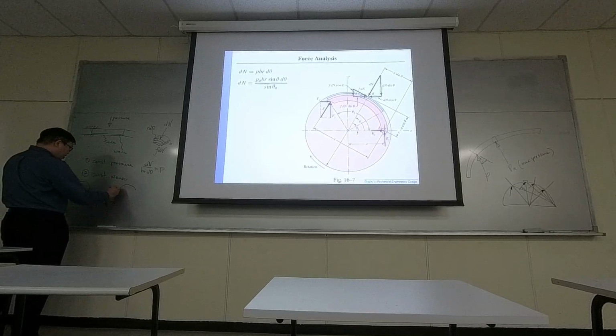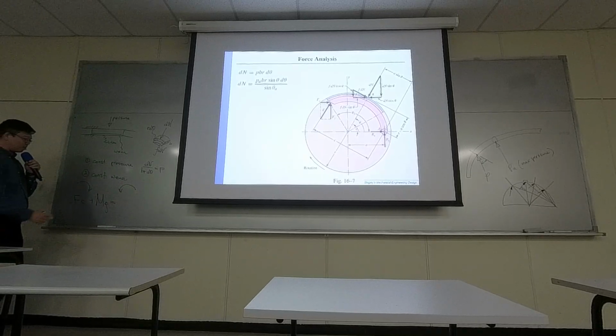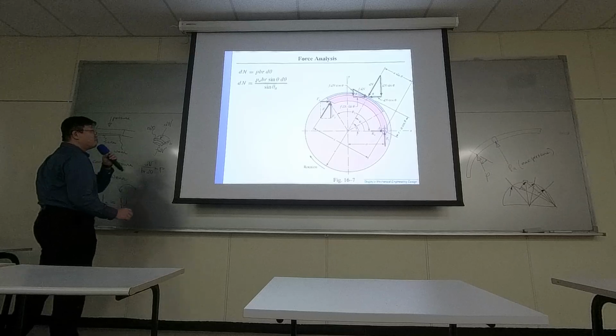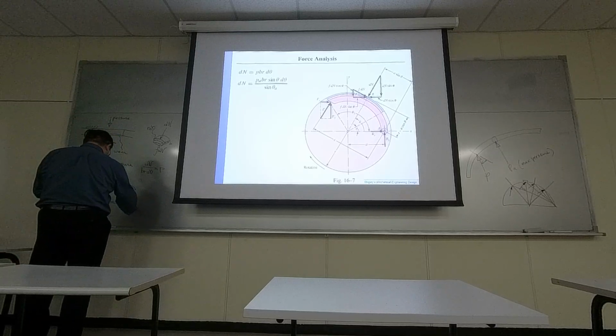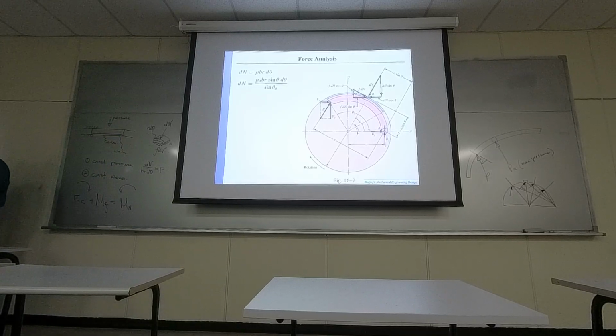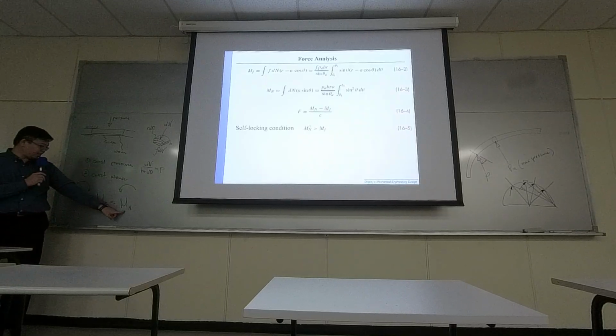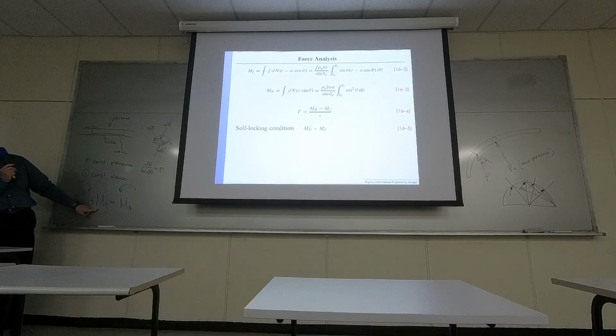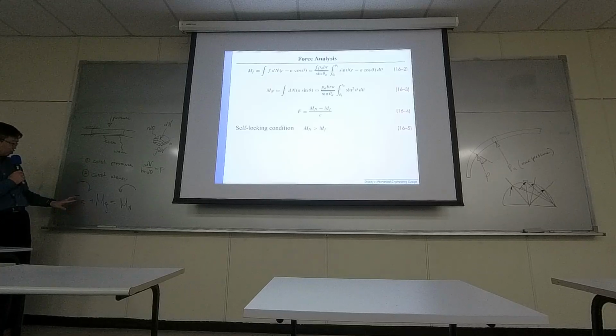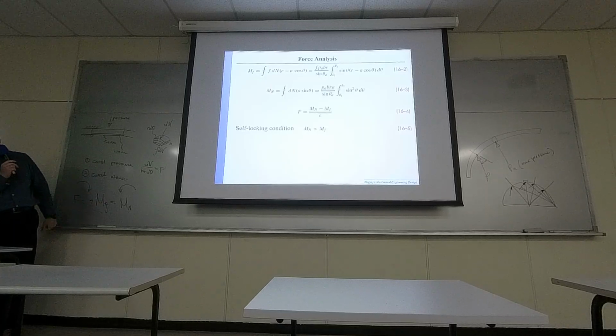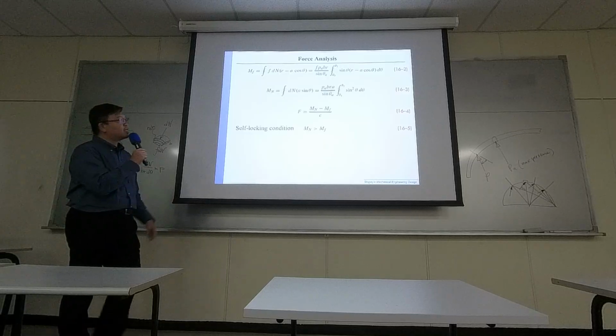Equals the counterclockwise moment, the moment by the normal force. That's why you end up with an equation like this: moment N minus moment friction equals your force over C.